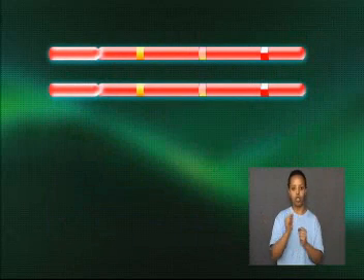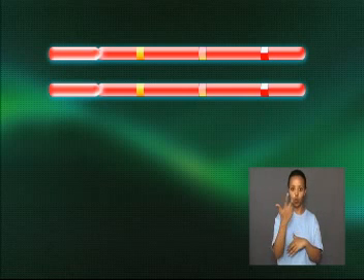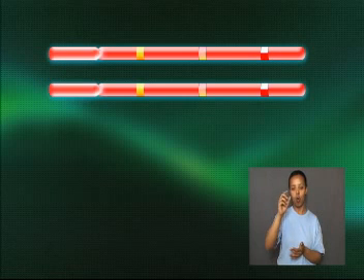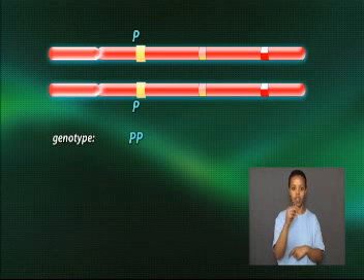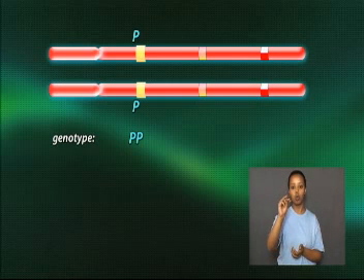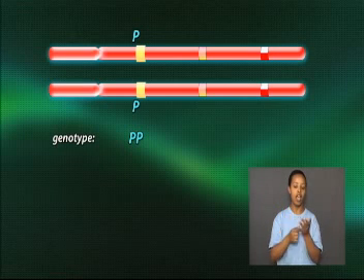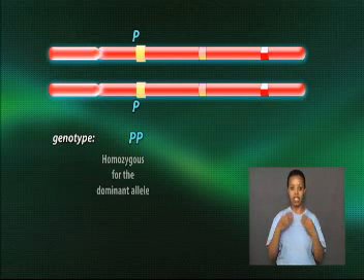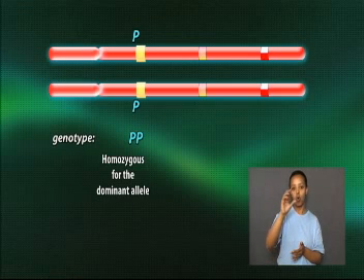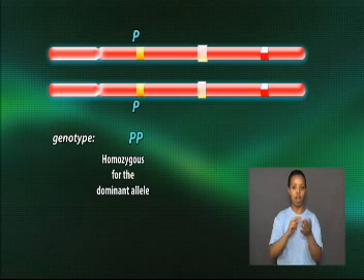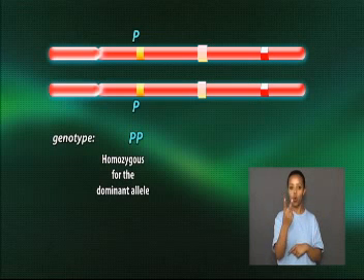For example, here we see the loci of 3 genes on a pair of homologous chromosomes. Gene 1 has 2 alleles. They are P and P. Each chromosome has the dominant P allele, so we may say that the person to whom this gene belongs is homozygous for the dominant allele. The second gene has 2 alleles.